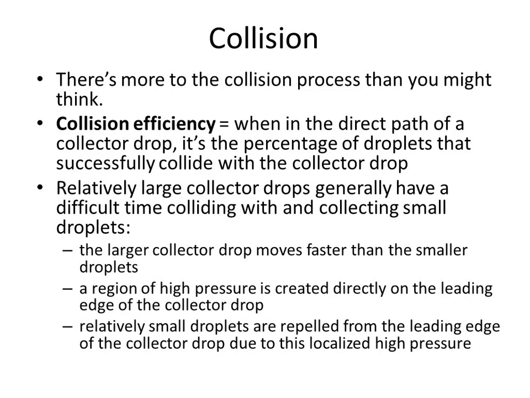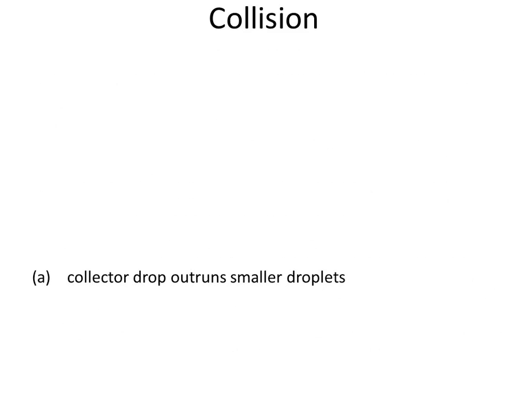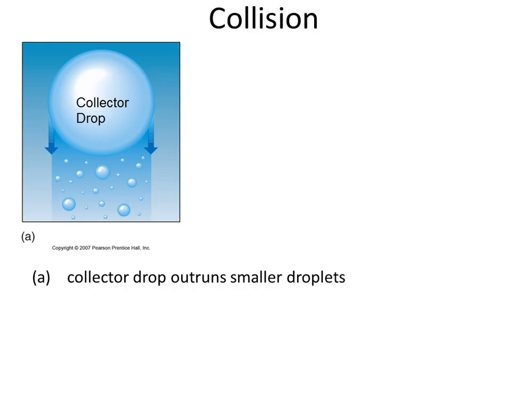Okay, so there is a degree of efficiency that can be calculated. So here's what this looks like. There's your large collector drop going faster than the little baby droplets. And it wants to collide and coalesce.